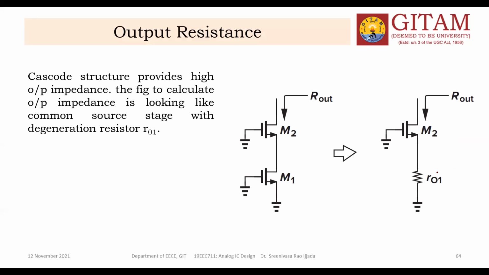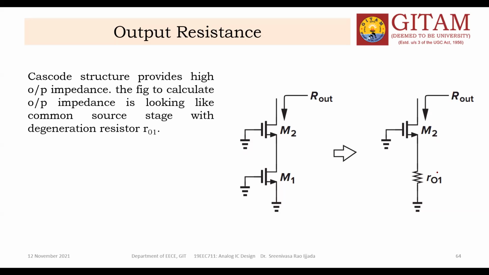For calculation of the output resistance, in analog IC design or analog VLSI design, you must keep in mind that whenever you want the output resistance, you should follow either Norton's or Thevenin's theorem, because the equivalent circuit may have dependent sources. So straight away calculation of the output impedance is difficult. So you should follow some procedure.